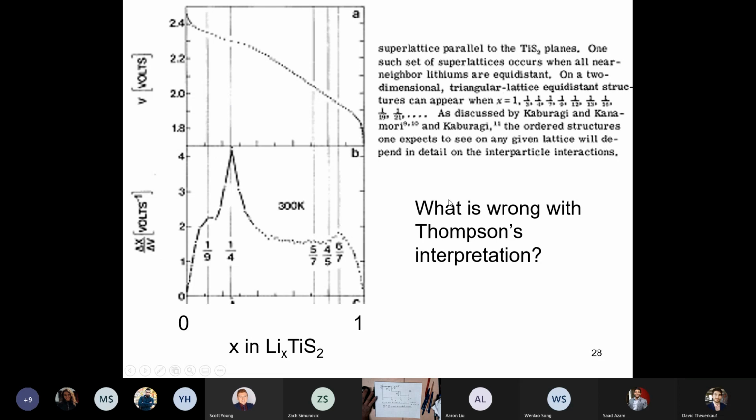So what's wrong with his interpretation? Where's the 1/3? Well, there isn't any ordered structure at 1/3 in this stuff. But wait a second. Are you happy with what he's saying here?